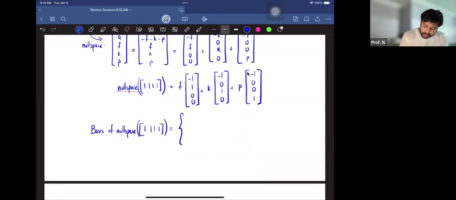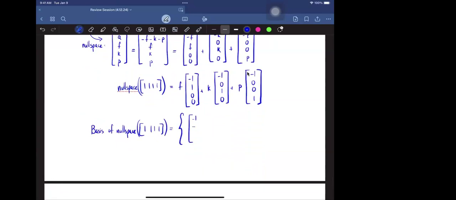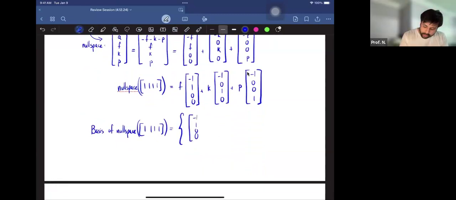The basis is the vectors negative 1, 1, 0, 0, negative 1, 0, 1, 0, and negative 1, 0, 0, 1.